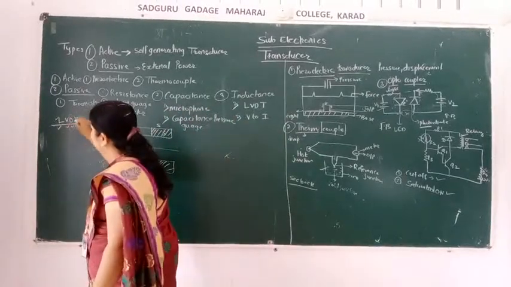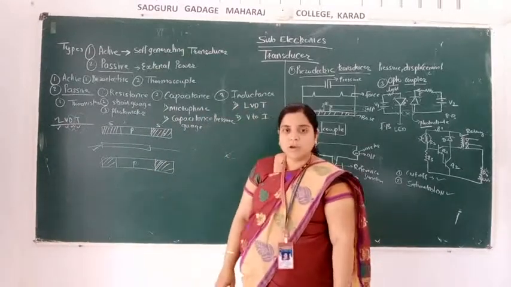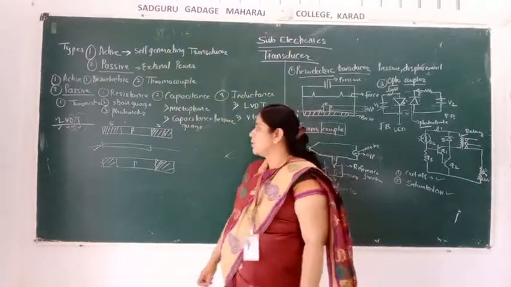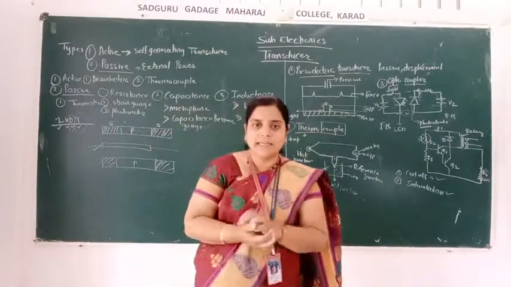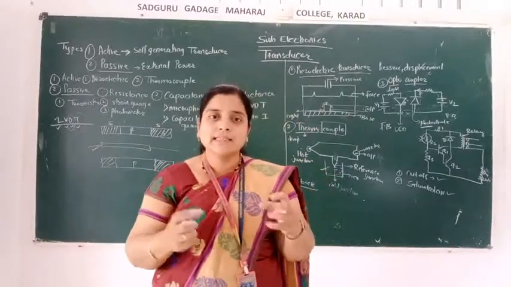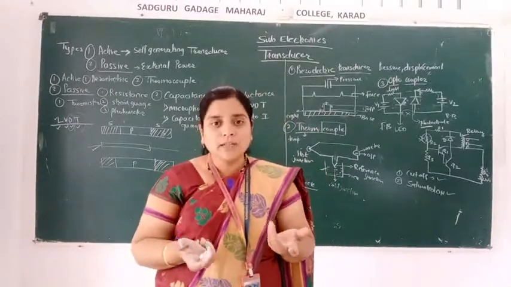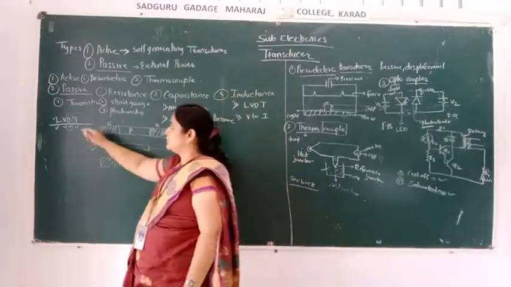Differential transformer. Why is it called differential? Transformer means what? These are the coils. Primary, secondary means what? What is the primary and secondary? Primary school, secondary school is not there. Primary and secondary are the coils. Coils are used in the transformer, therefore it is called a transformer.